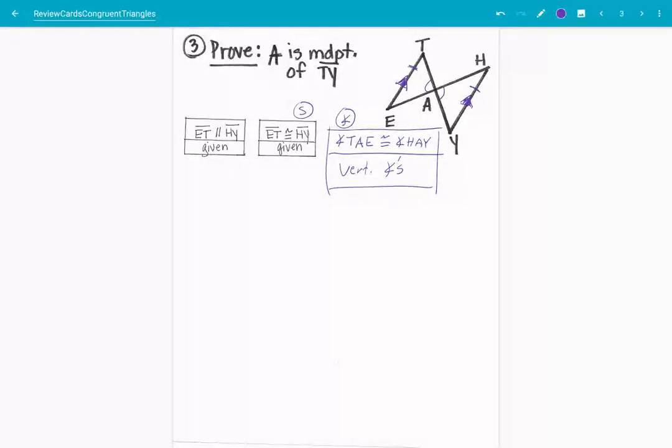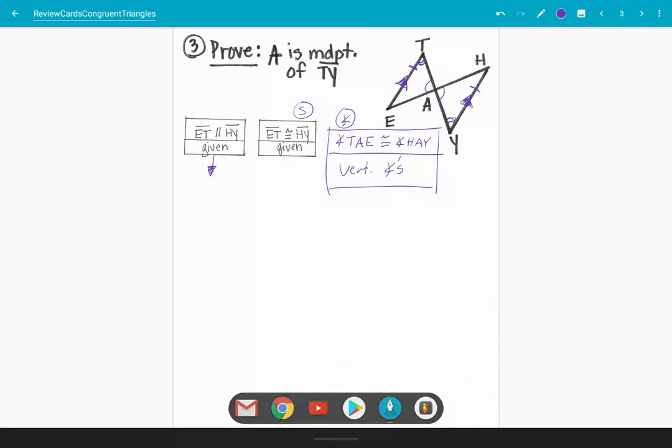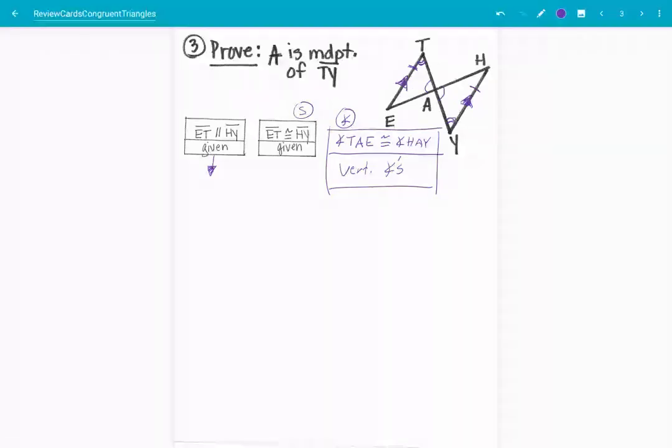So I need something else. But these parallel lines will give me those. Parallel lines always give you congruent angles. And in these proofs, it's pretty much always going to be alternate interior angles. So I'm going to use this angle here and this angle here. So that's what's going to happen with those two.